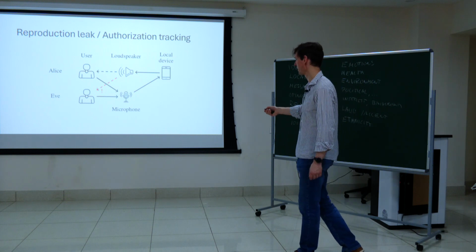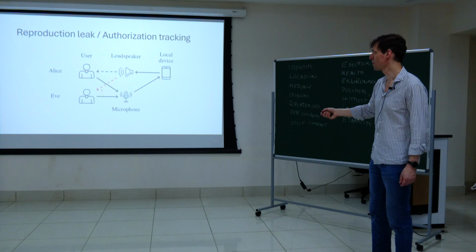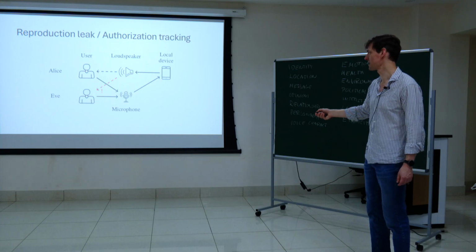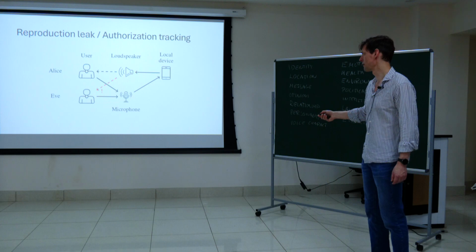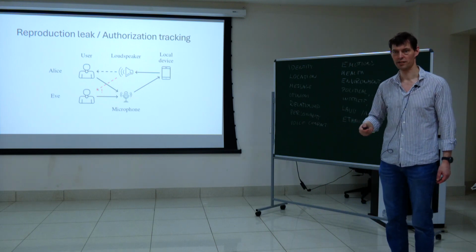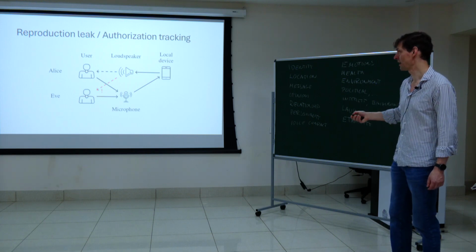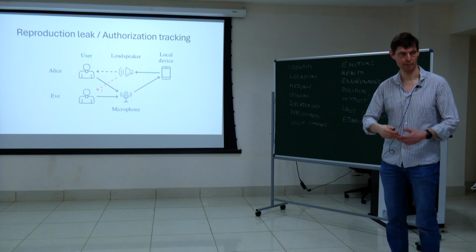So the loudspeaker is here and the microphone is here. Alice is the owner here. She interacts with the local device, and then we want that only Alice hears the responses. So Eve should not understand what the loudspeaker is playing.